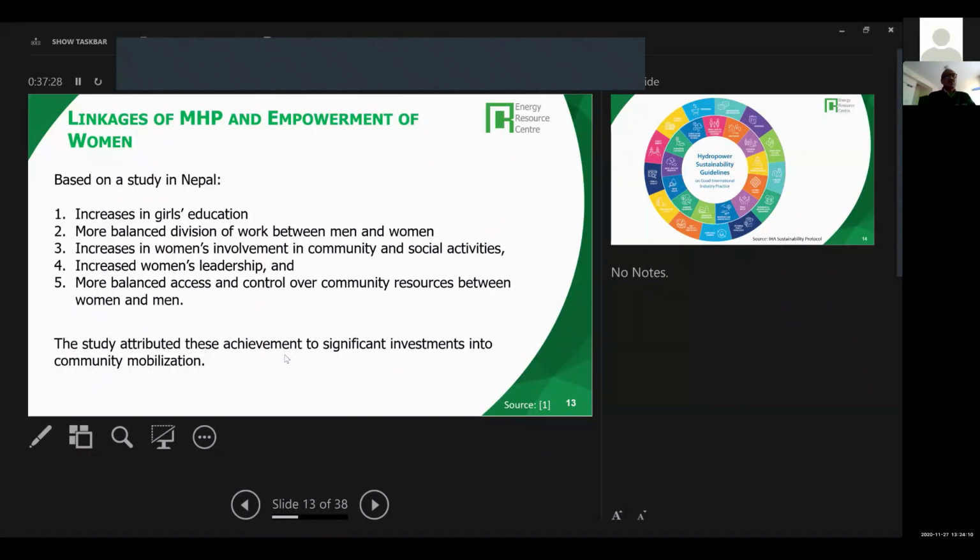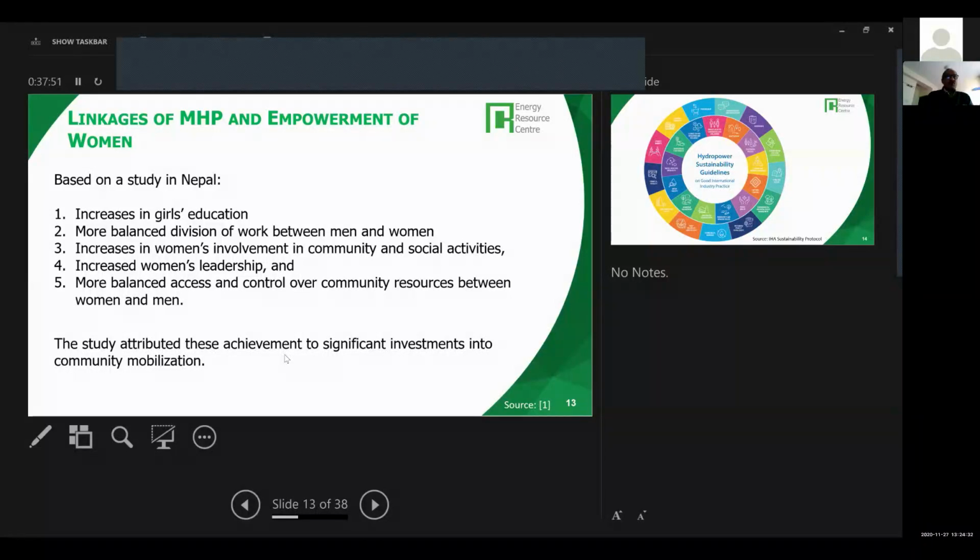There was also a more balanced division of work between men and women. Work discrimination on the basis of gender was reduced because of access to energy. This was the benefit of access to energy. An increase in women's involvement in community and social activities was also seen.